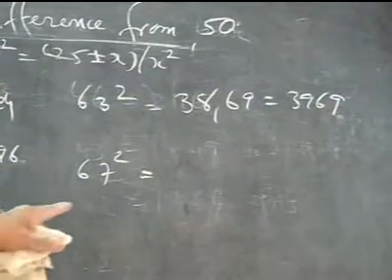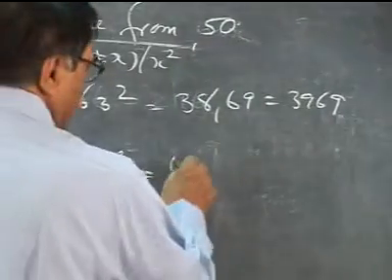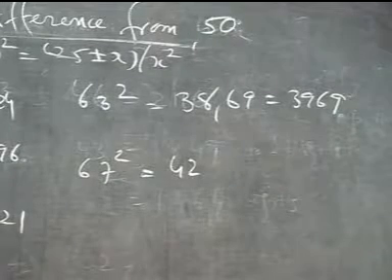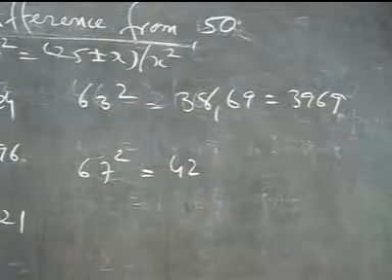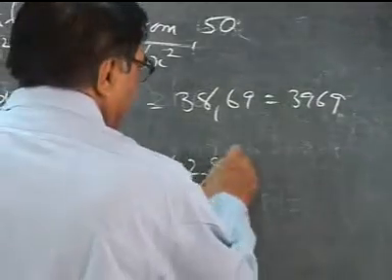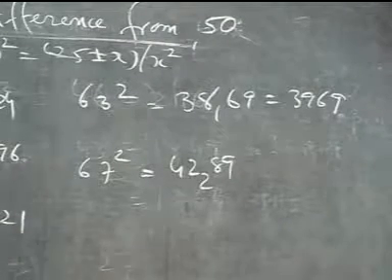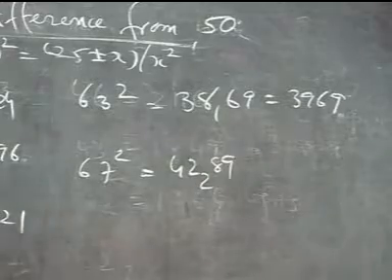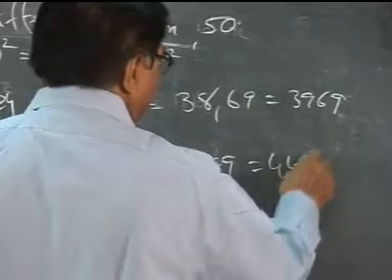These 17 more. 25 plus 17, 42. 25 plus 7, 32 and 10, 42. 17 square, 289. How? 17 minus 3, because it is 3 less than 20. 14, double, because 20 is the base, 28 and 9. And so you can say it is 4489.